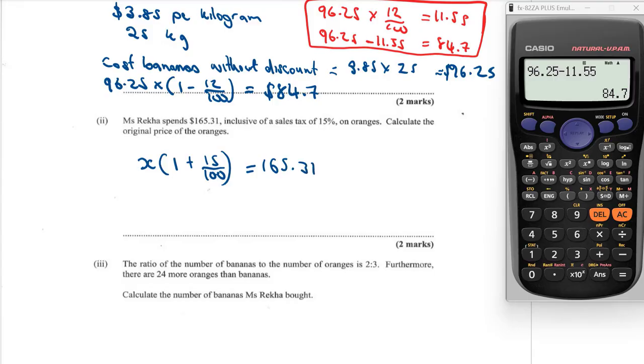Now, bear in mind that the price, the 165, includes GCT. So that is why we have the addition here. Remember, if we go back to the discounted one, we have a subtraction here. So in this case, the GCT represents an extra cost.